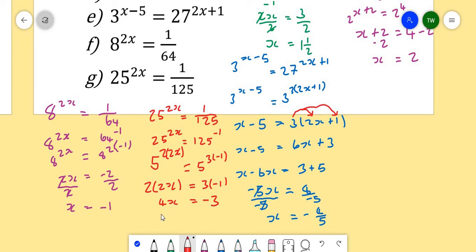And here, in order to determine the value of x, x is being multiplied by 4. We're going to do the opposite of multiplying by 4, which is to divide both sides by 4. And we get x by itself. So if we divide both sides by 4, 4 will cancel out, and what we have here is x is equal to negative 3/4.